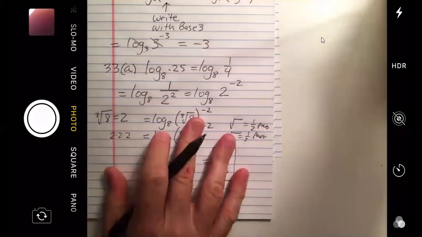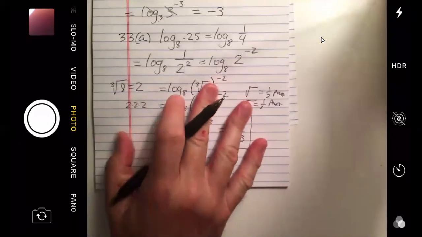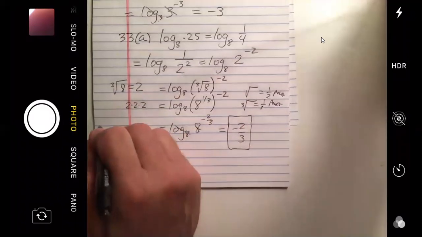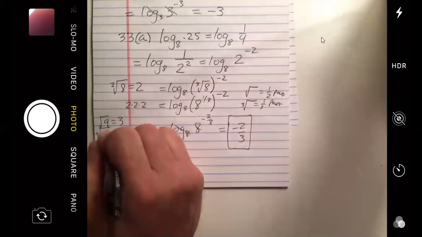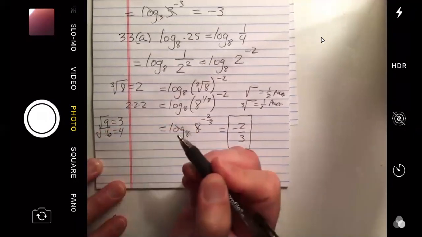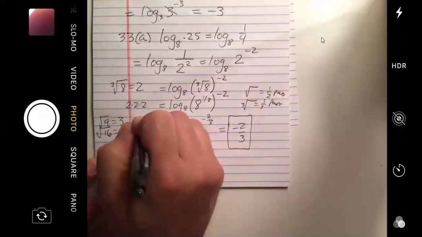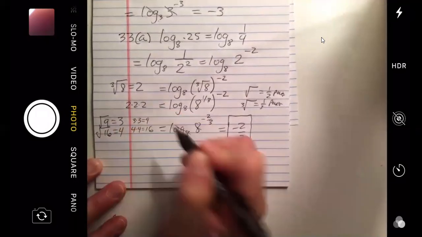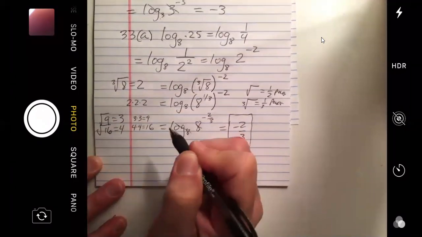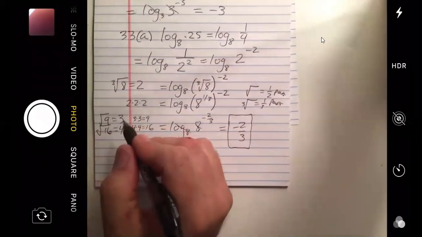Okay, let me start with square roots. You know that the square root of 9 is 3? Yeah. Square root of 16 is 4? Mm-hmm. And that's because you're going 3 times 3, getting 9, 4 times 4 is getting 16, right? Yes, sir. Okay, well, the next step up is the third root.